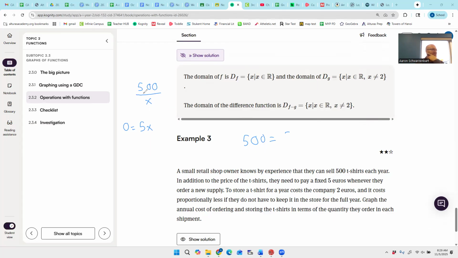Order size is 500 over 10, so 50 per order. So that's the order cost. Storage cost is 2 times 500 divided by X.